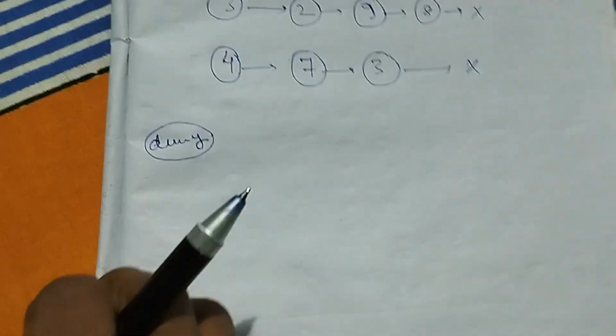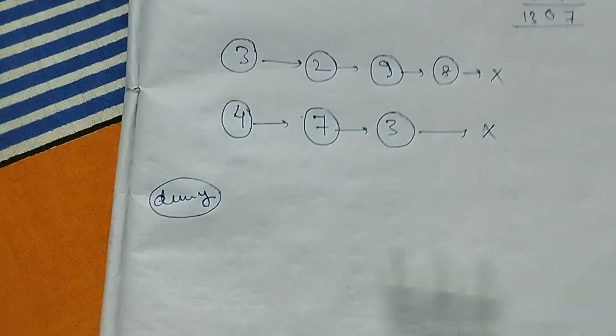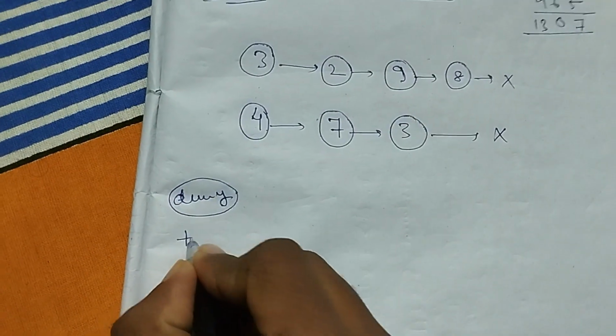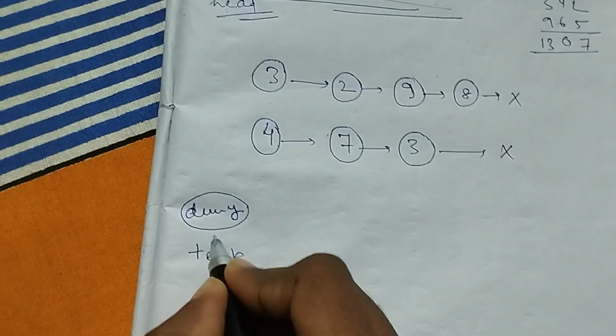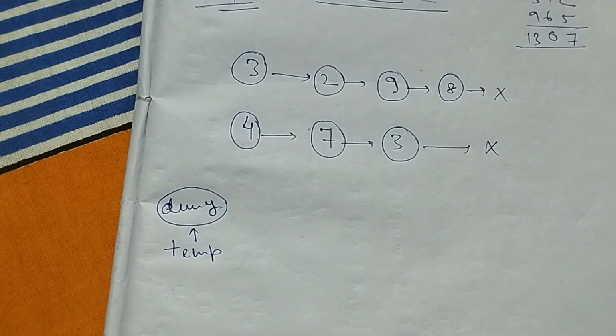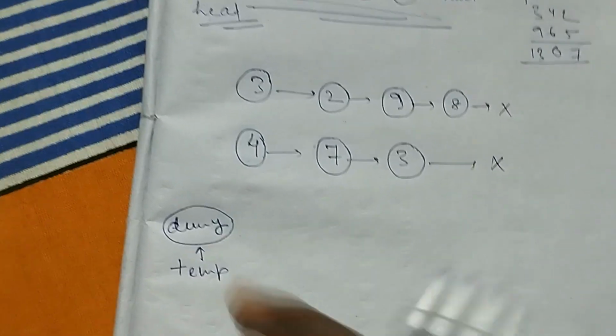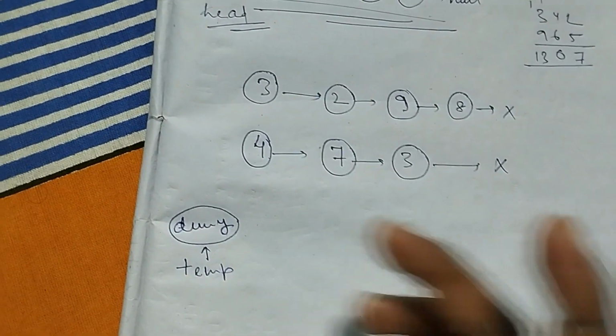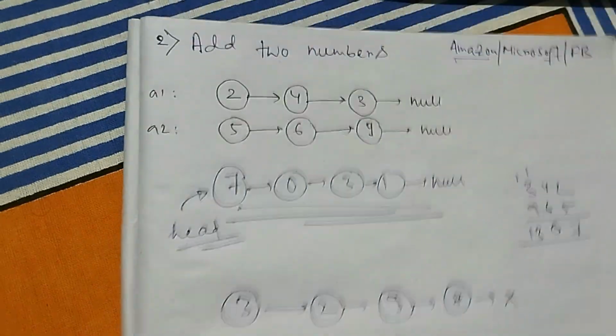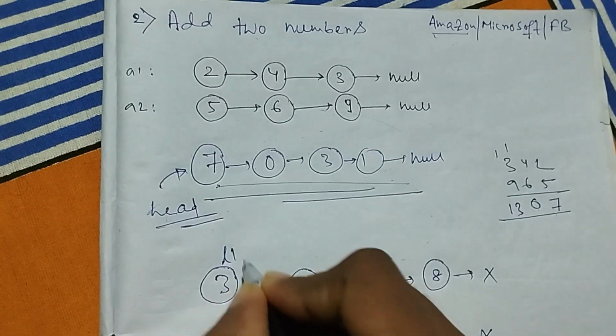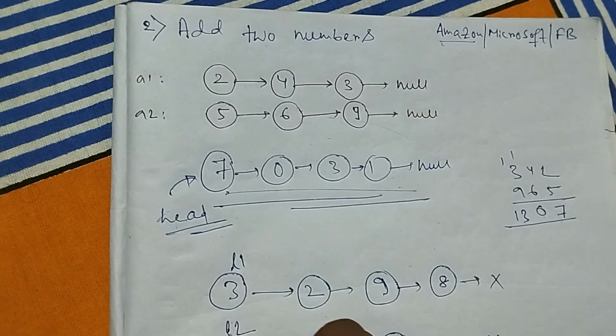So this dummy will later return us the head we needed. Also take a temp pointer pointing to it, because we can't move the dummy node, we are just going to move the temp variable. And take two pointers here, L1 and L2.